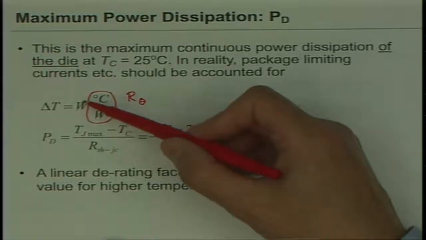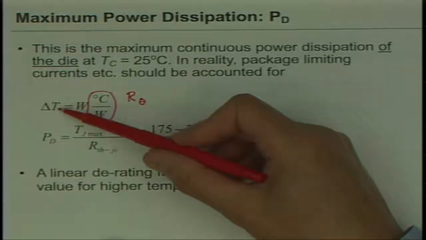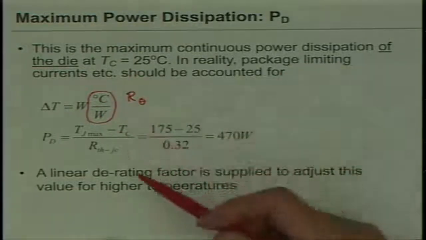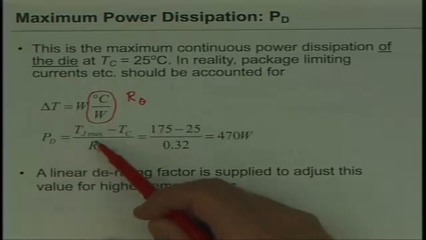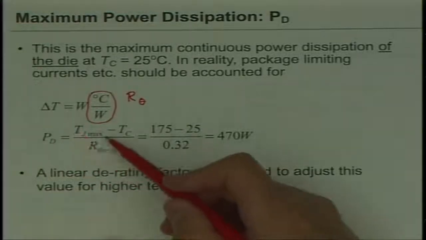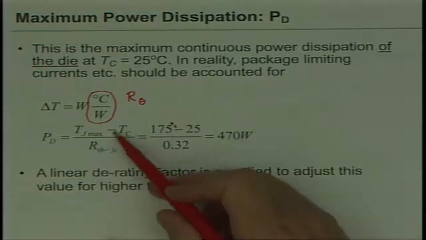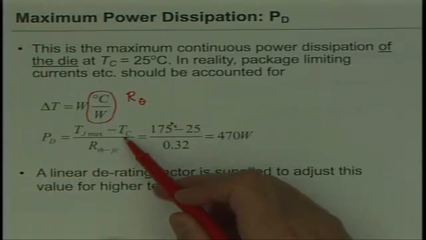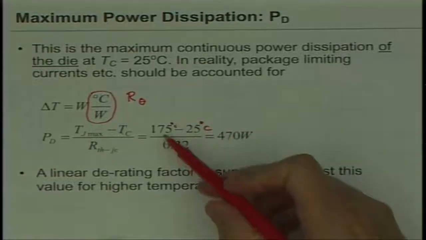And if I multiply that by how many watts I'm dissipating, I get my delta T. So if you rearrange this and ask what's the maximum power I can dissipate, well, if I know my maximum junction temperature, it's usually either 150 or 175 C. So in this case, we'll say TJ max is 175 degrees C. And I subtract the case temperature, right? So in this case, 25 degrees C ideal.